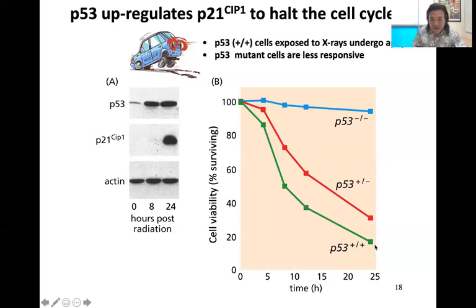So by 25 hours out, you're down to about 20% of the cells still alive. But if you have cells that are p53 heterozygous or p53 knockout, what do you see? They don't do the right thing as readily, especially the ones that don't have p53 in them. They continue surviving, right? And that's really scary. Why?